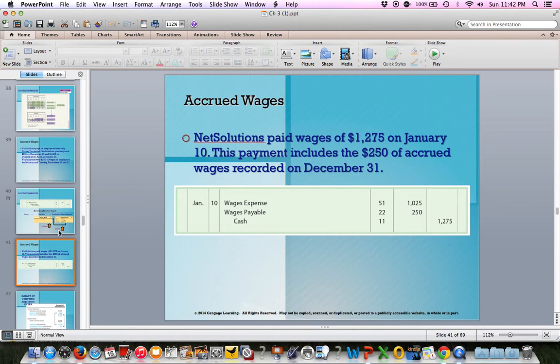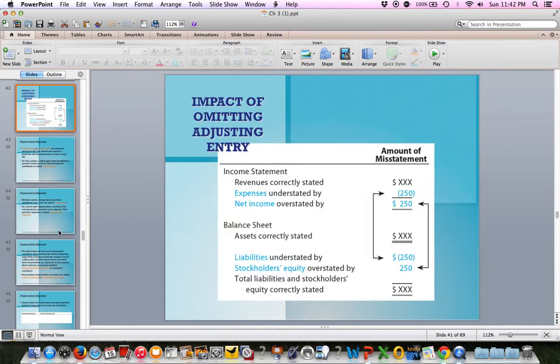So whenever you pay off a liability, you give it a debit. So the impact of omitting this adjusting entry, we'd be understating expenses, we would be understating liabilities, and overstating equity.